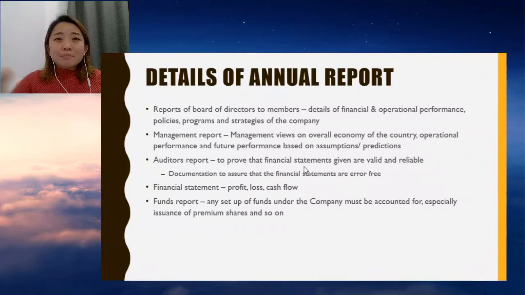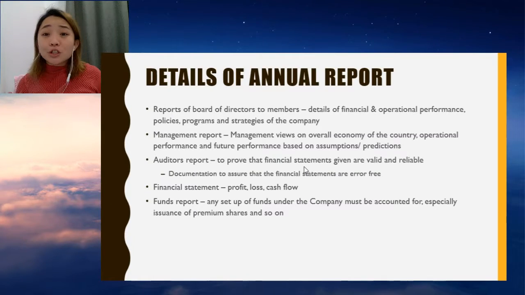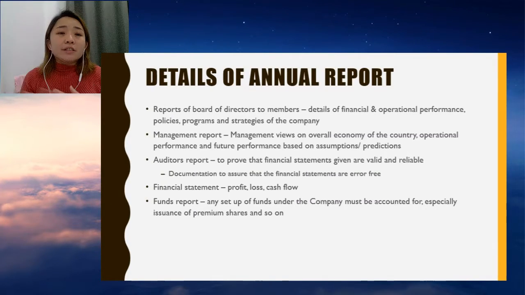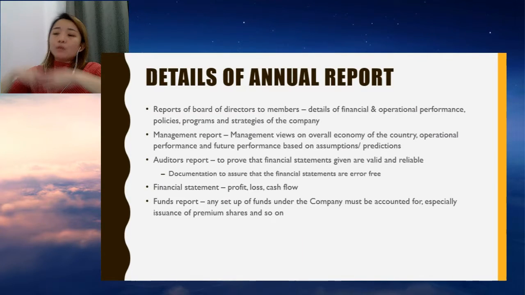So every management is going to look at how the overall economic situation is right now, what the operational performance is right now, and what they think the future performance of the company is going to be. So all these things are part of what the board of directors as well as the management will report to people who are interested in the annual report and what's going on within the company.